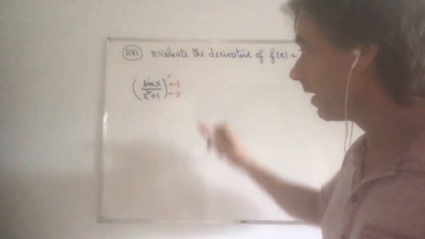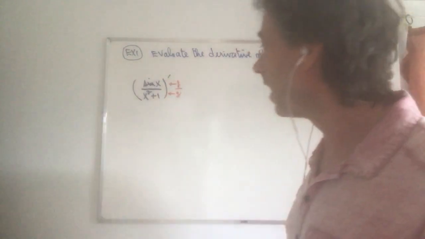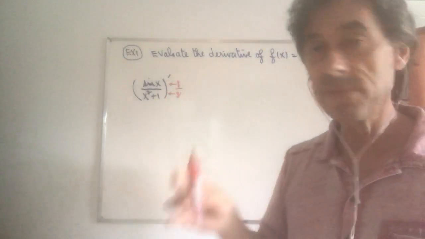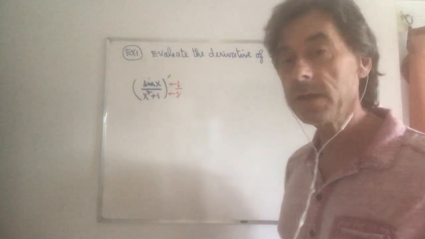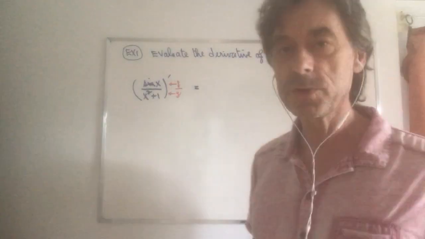This is an f over g, all prime. This is to be done using the division rule, the quotient rule, where f is sine x and g is x squared plus 1.